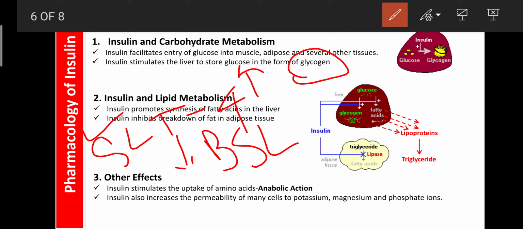This enzyme utilizes the glucose and is involved in the synthesis of glycogen. So here, dear students, glycogen can form in the liver only up to 5% of the total weight of the liver. Okay, if the glycogen weight exceeds 5%, then it stops the synthesis of glycogen from glucose.